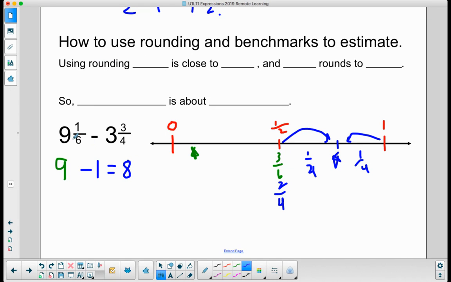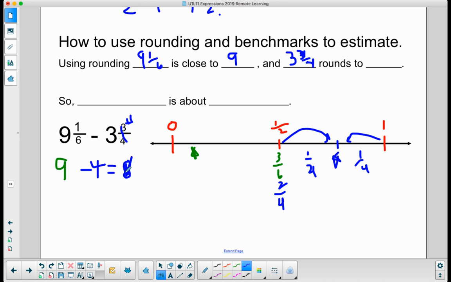Using rounding, my first number, 9 1/6, ended up being close to the benchmark 9. And my second number, 3 3/4. Oh, I made a mistake there, didn't I? Good thing we caught that. Good thing I'm saying this. 3 3/4. So if this part is 1, I need to add that to the 3, which would be 4.